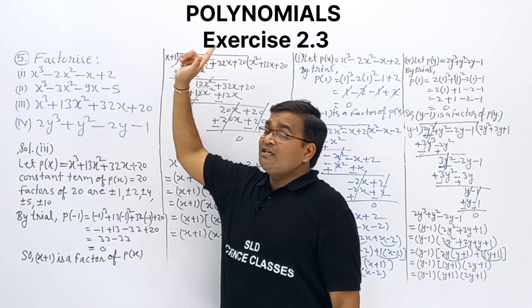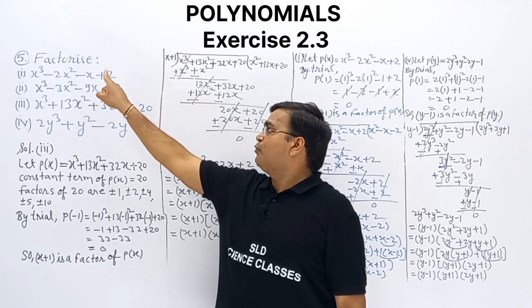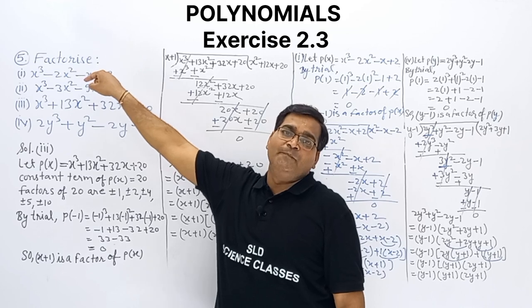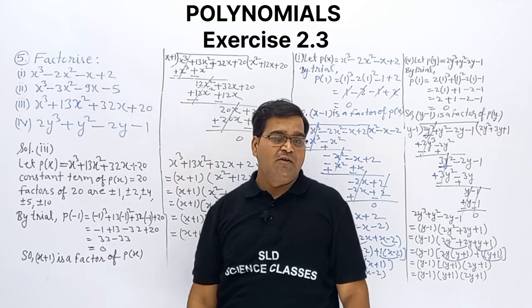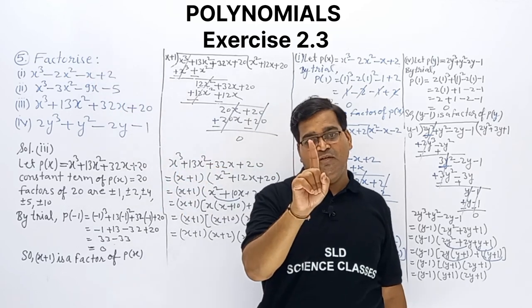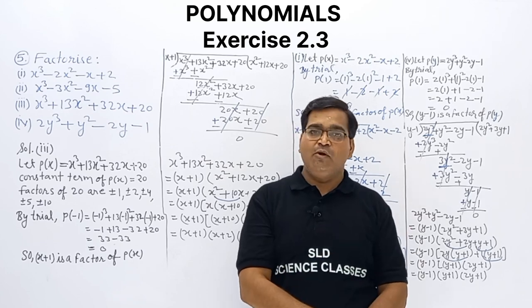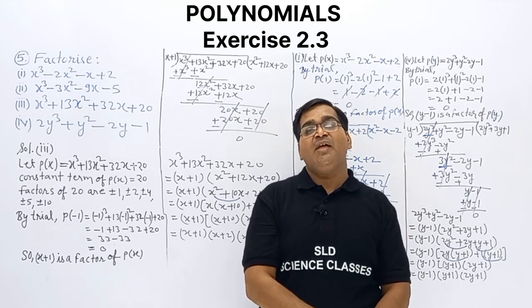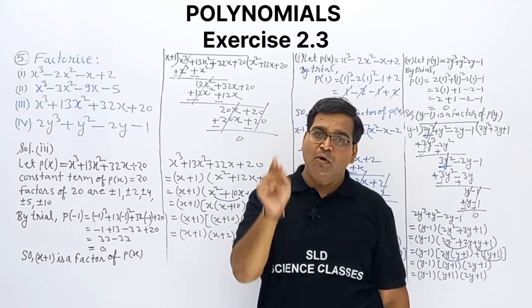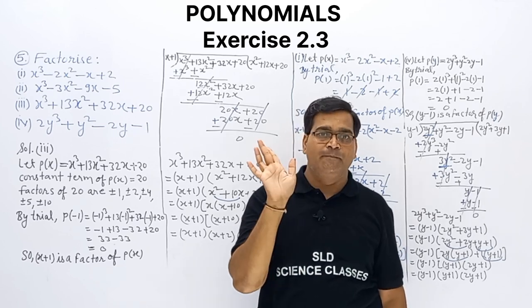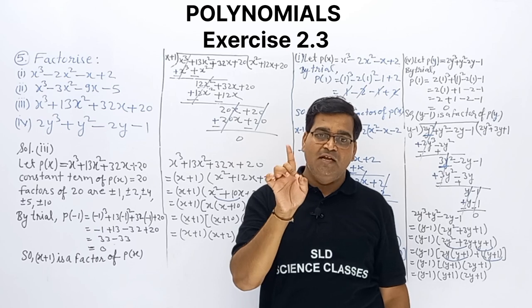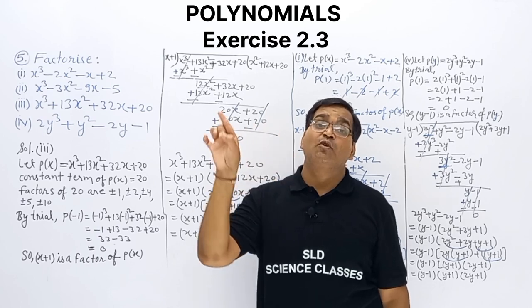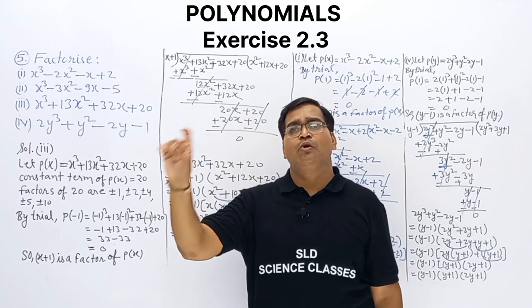We will put that value into the polynomial. Once we get 0 value of the polynomial, then we can say that it is a zero of that polynomial. And x minus a, where a is the real number we are putting, will be a factor of that polynomial. This is the factor theorem.